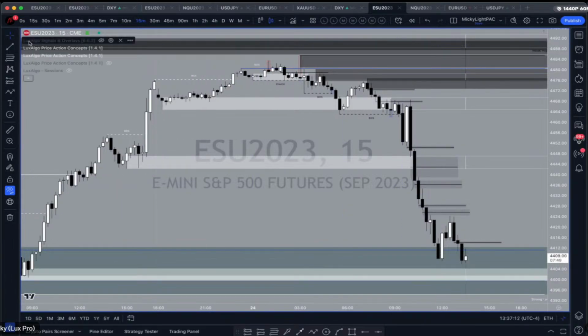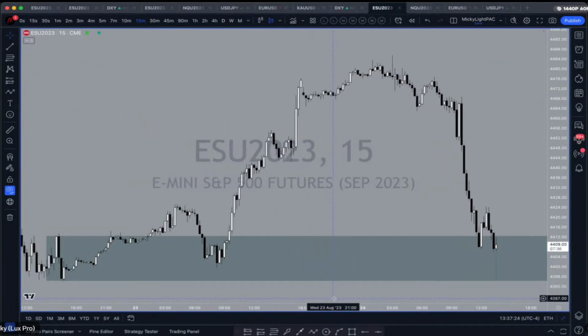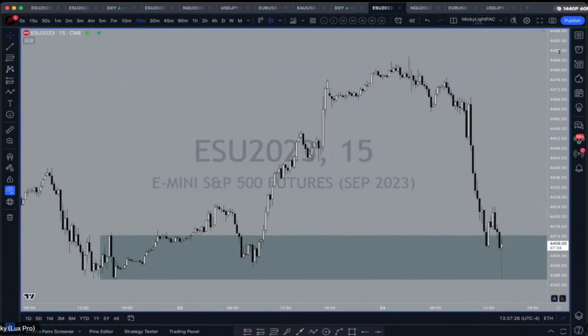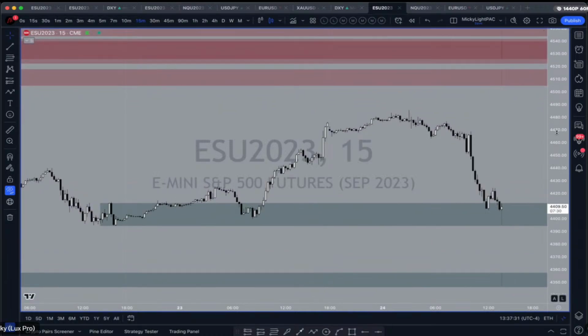Let's make this visually appealing first. All right, here is the 15-minute candlesticks with 4-hour order blocks overlay only on this chart, okay? This is it. Scrunch them out. 15-minute candlesticks on a 4-hour order block overlay.